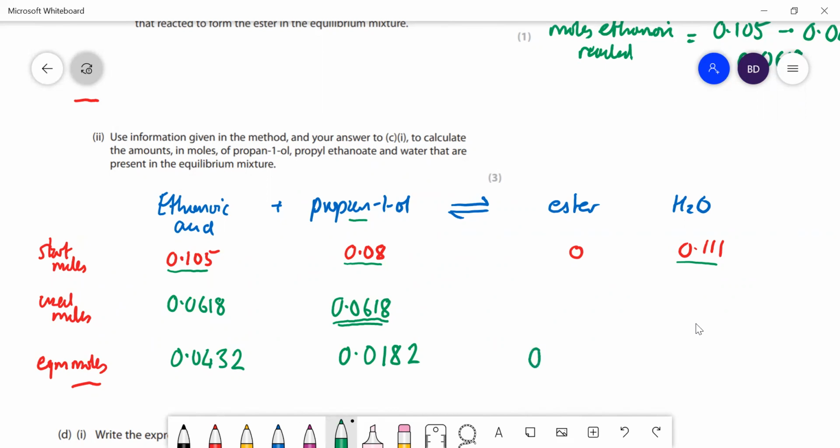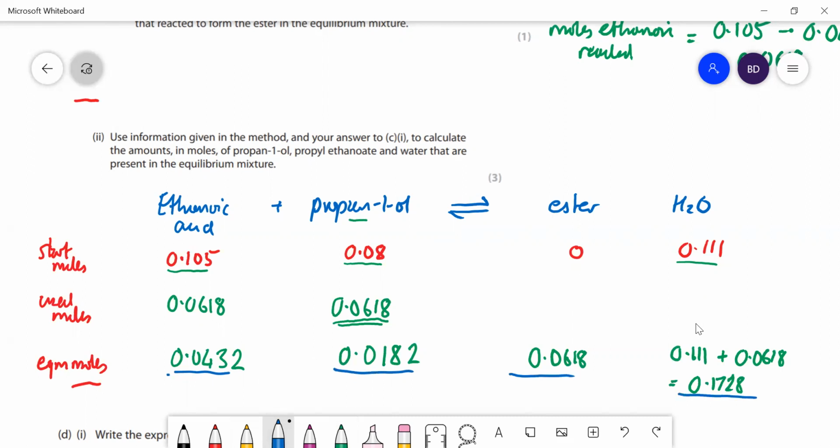So the moles of ester at the end is that 0.0618, and we're going to make that many moles of water as well. So the moles of water at equilibrium is the original moles plus the extra water we've made, and that gives us 0.1728. So here we have found out the equilibrium moles of all 4 components, all 4.